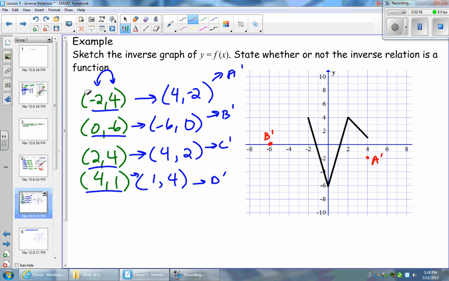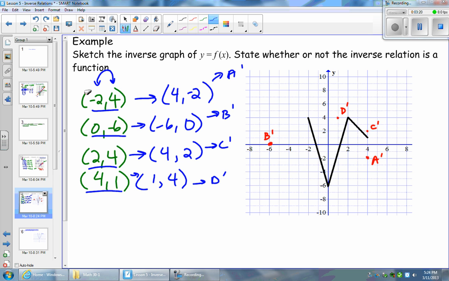So A prime, B prime, and we have 4, 2 for the C prime. And finally, we have 1, 4 for the D prime. And this is why it becomes really simple in the end once you label those points. Now you know you must go in the sequence A, B, C, and D.